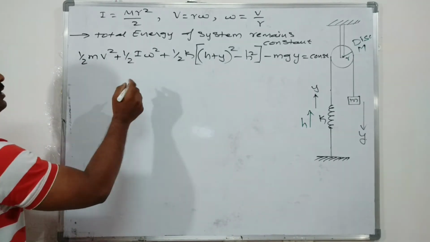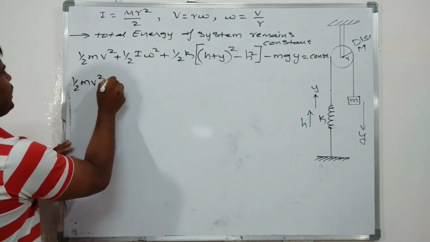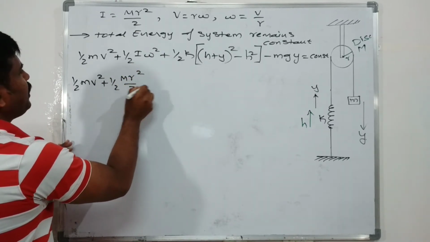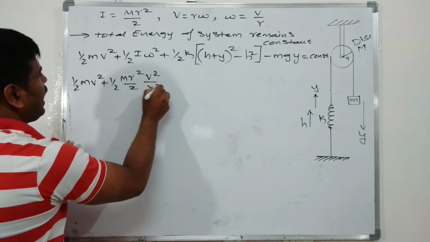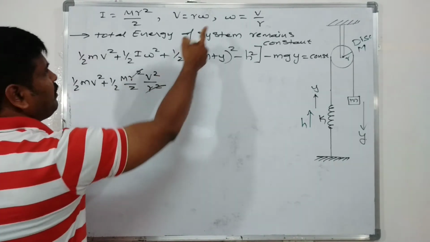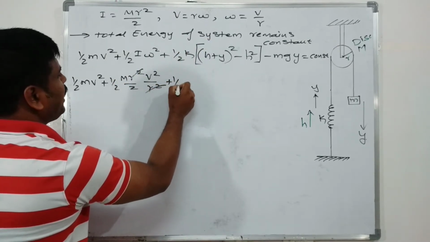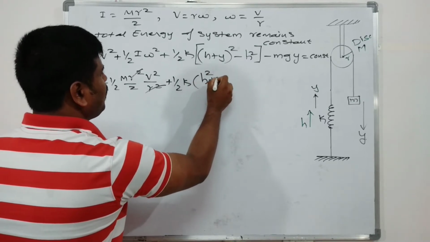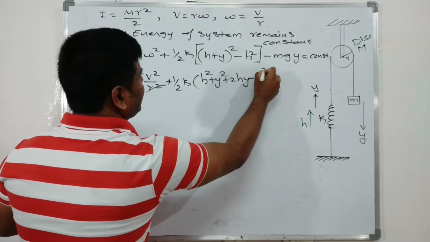So now, continuation: 1 by 2 m v square plus 1 by 2 M R square divided by 2. So v square divided by R square gets cancelled after replacing the I and omega values, plus 1 by 2 k into h square plus y square plus 2hy minus h square.